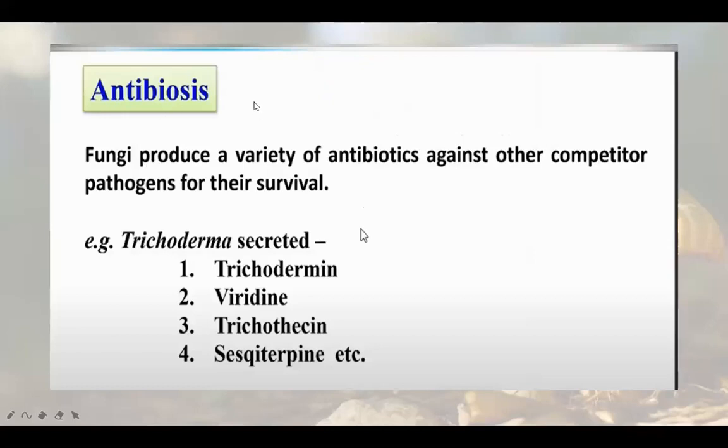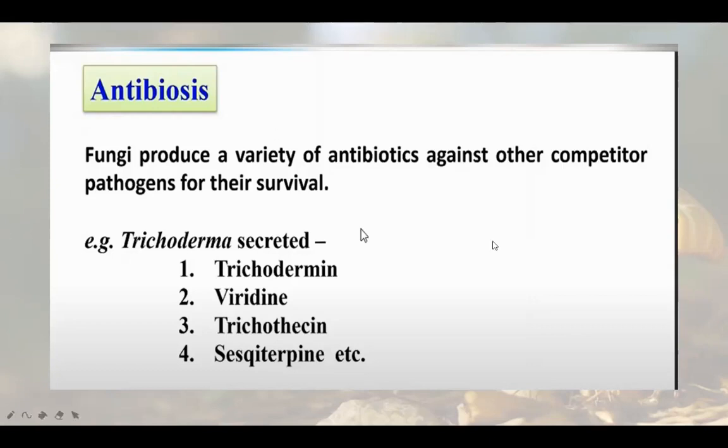And next is antibiosis. You might have heard about antibiotics; this is a similar concept. Here, fungi produce a variety of antibiotics against other competitor pathogens for their survival. If there is competition for food or space between two organisms, one organism may produce antibiotics to kill the other.